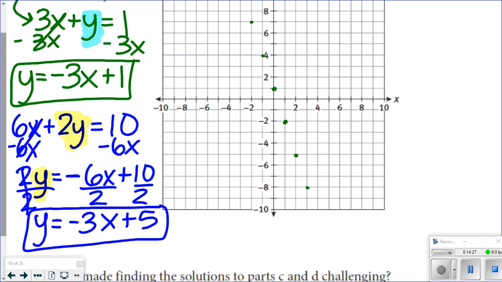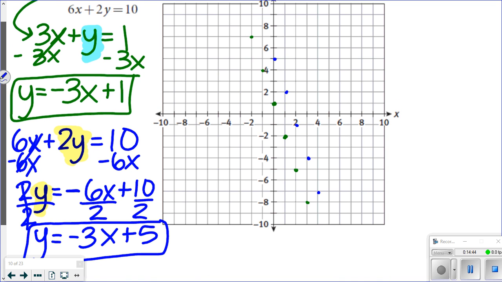So if they're parallel lines, they're never going to intersect or touch. So how many solutions do we have? This is going to be a no solution answer.